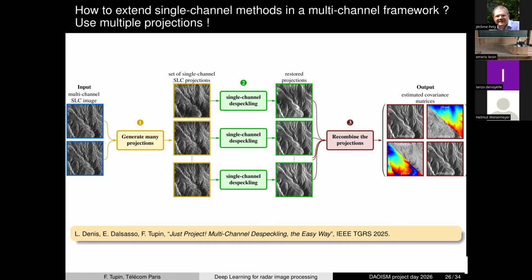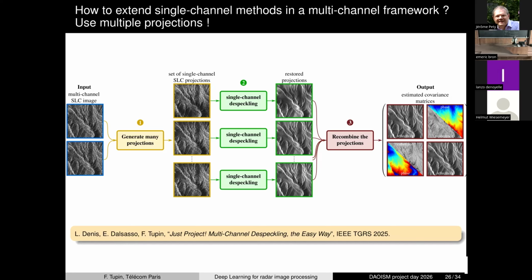What is interesting is that the covariance matrix, the sigma matrix I'm looking for, is fully connected to this new estimation of the speckled images of this acquisition. So now I just have to recombine these projections, using, for instance, the least squares estimator, to recombine all these new estimations and have a new denoised covariance matrix.